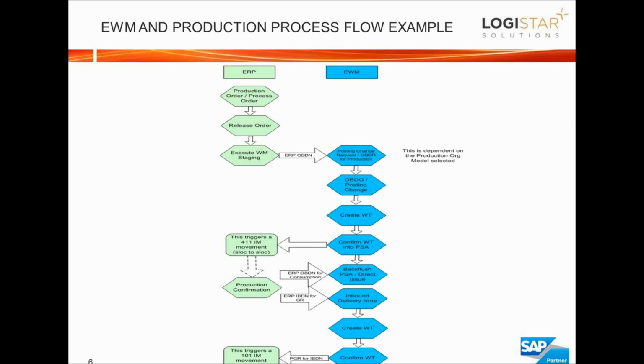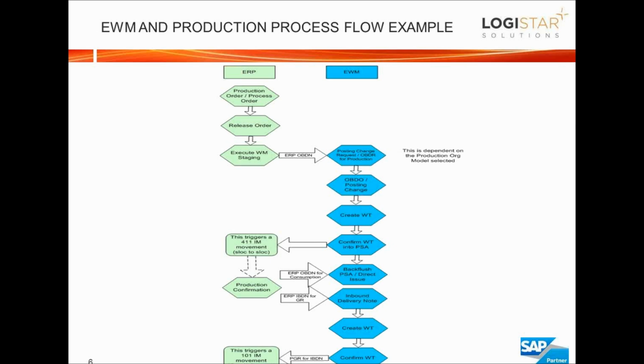That posting change request gets converted automatically via a PPF action into a posting change, or it could be an outbound delivery order. It depends on the production model that is set up, and we're going to talk about those models in a second. The key note here is that once you've executed staging in ERP, an outbound delivery will get sent over to EWM.